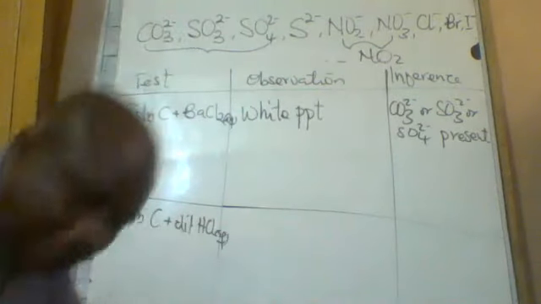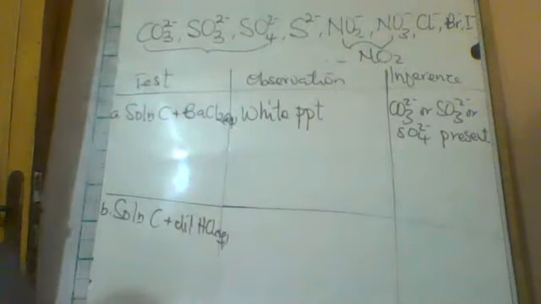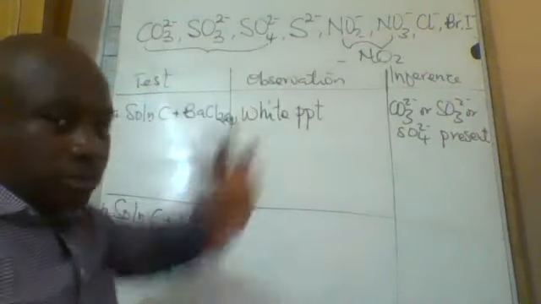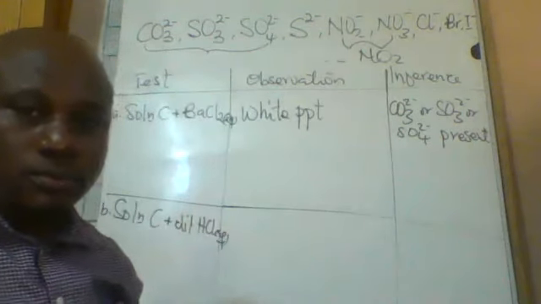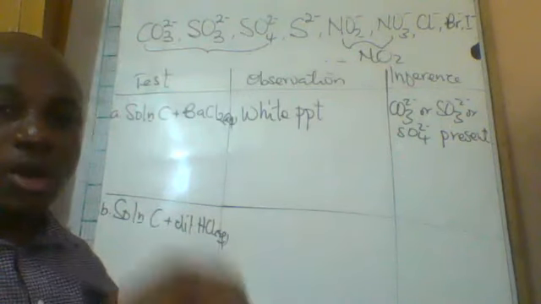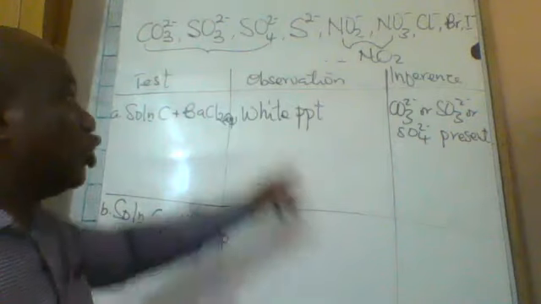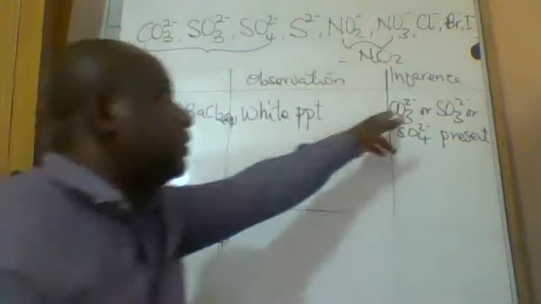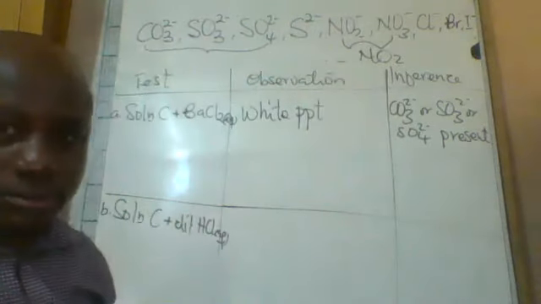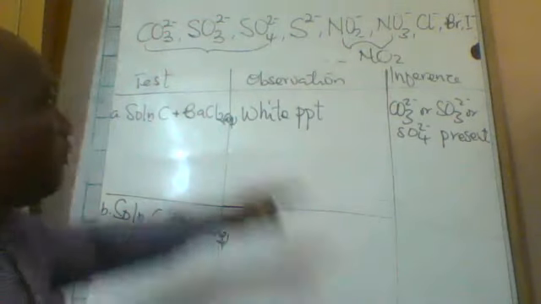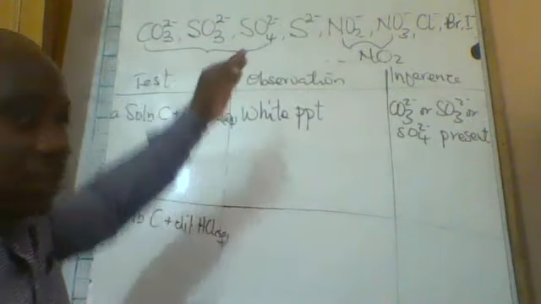Please, this test is specific for these three ions. So if you add barium chloride or barium nitrate and you don't see white PPT, then these ions are absent. The test is specific for carbonate, sulfite, and sulfate.